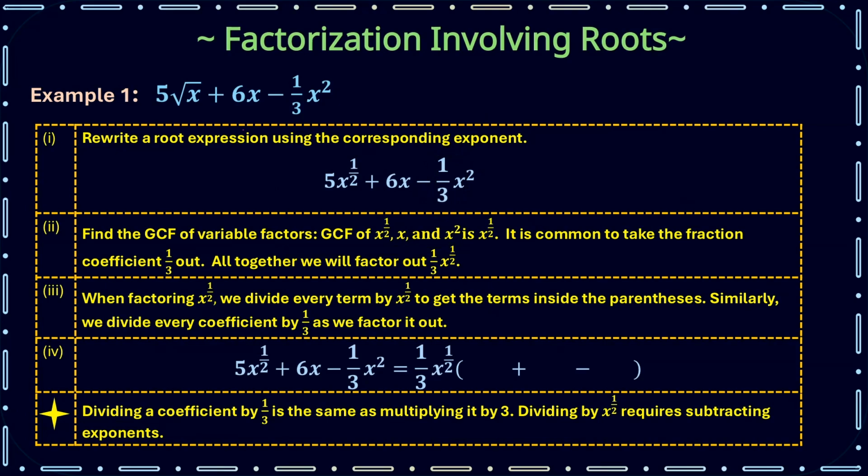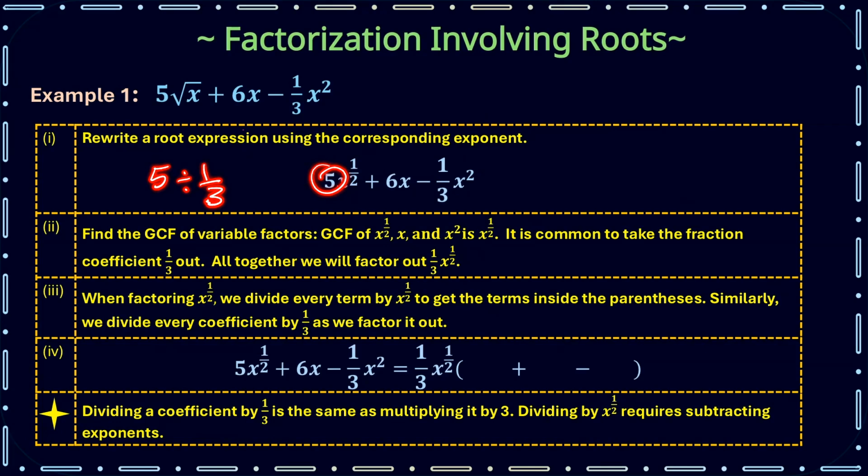Now let's talk about factorizing fractions out of an expression. Whenever you factor out a from b, remember that you're dividing b by a. Factorizing is the same as dividing. So if I am factoring out, let's say, 1/3 from 5, I am taking 5 and dividing it by 1/3.